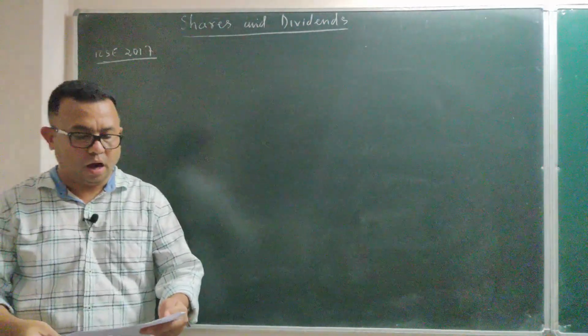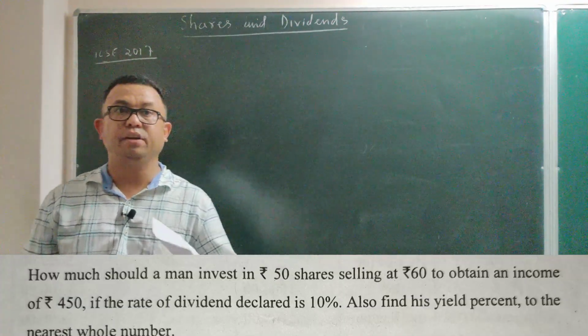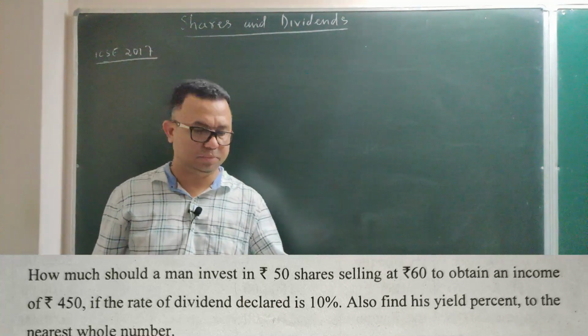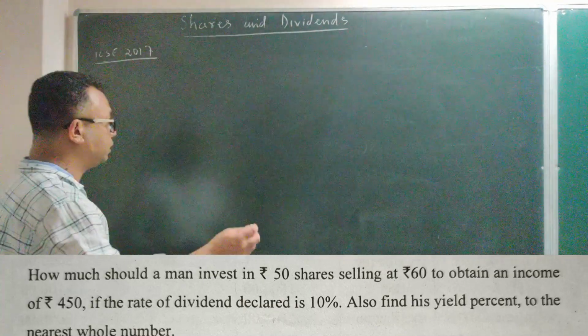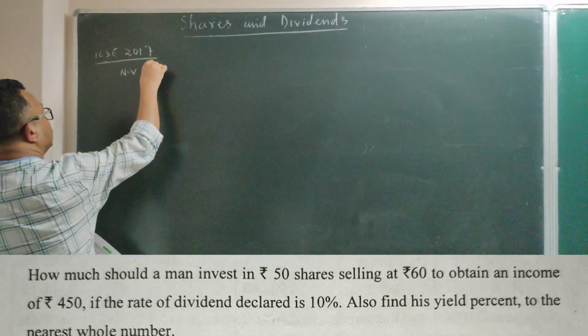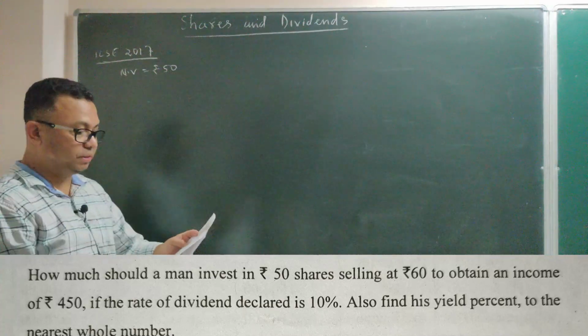It says, how much should a man invest? So you can see investment is missing. How much should a man invest on rupees 50 shares? So that is the nominal value, on rupees 50 shares.